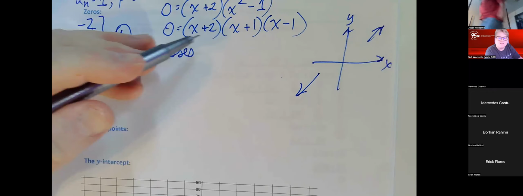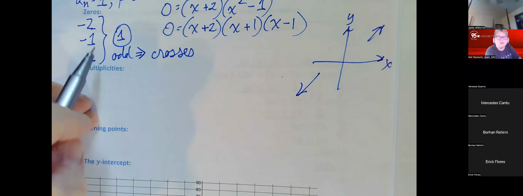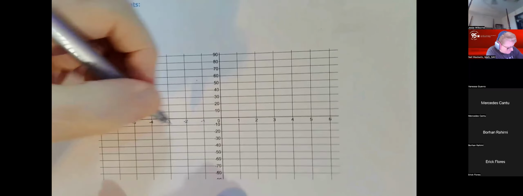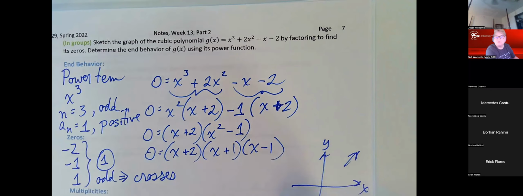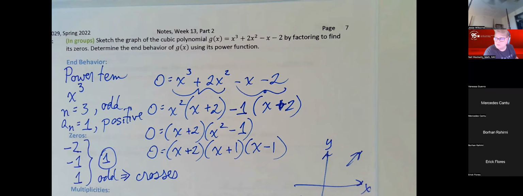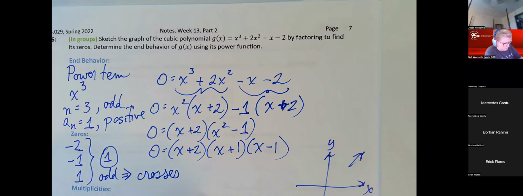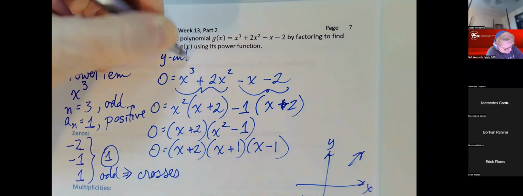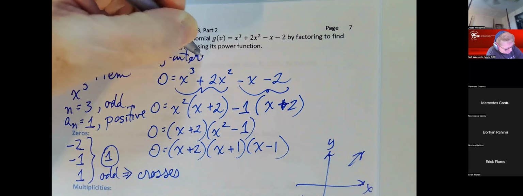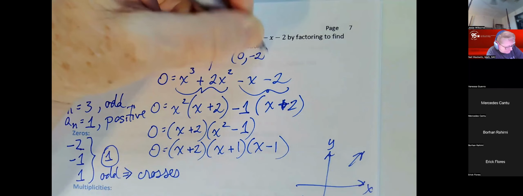And we can almost finish this. So we've got zeros at negative 2, negative 1, and 1. What is the y-intercept? Because we're in standard form, it's easy to see. Negative 2. (0, negative 2), right? Yes. Okay, good.